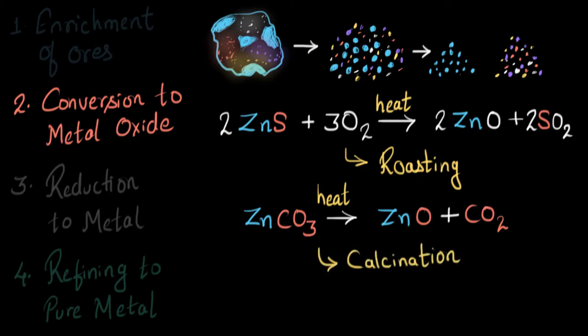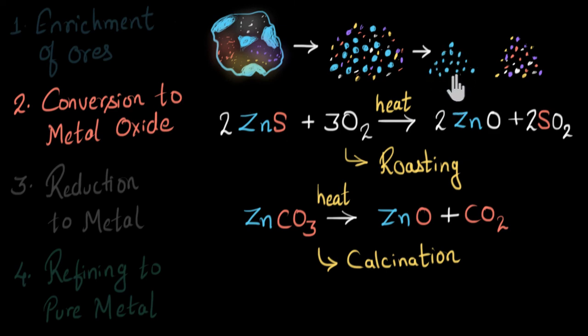And this goes without saying that if the metal compound is already an oxide, for example, if you had an iron ore and you directly got iron oxide, in that case, you do not need to convert it to metal oxide. It's already in its oxide form, right? And in case you are dealing with inert metals like gold and platinum, then after doing the enrichment of ore, you would not get a metal compound.